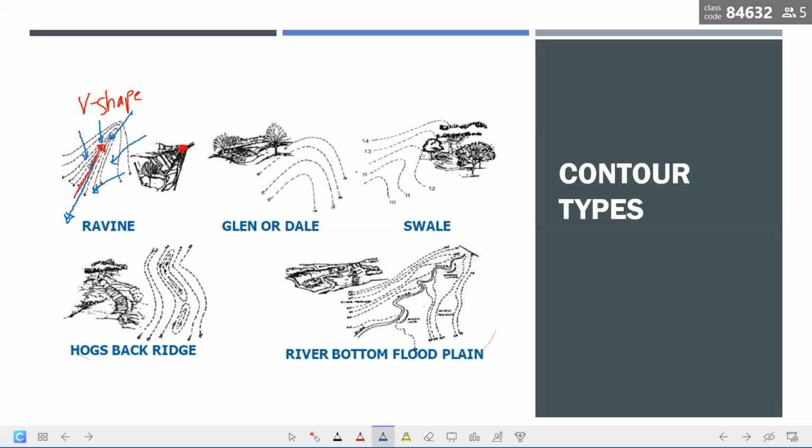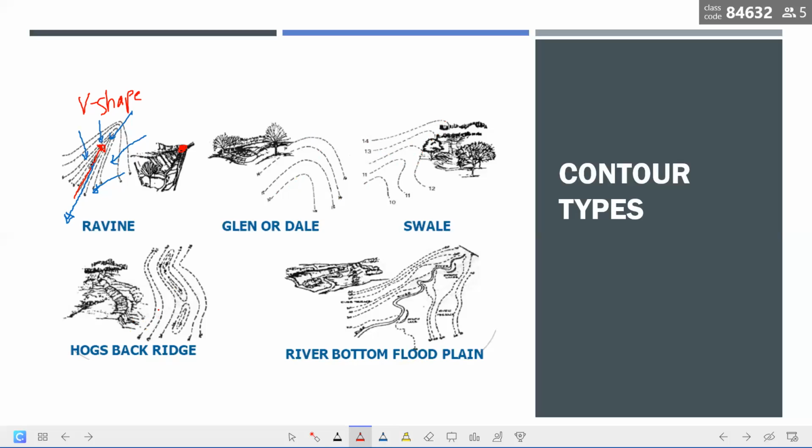Although perhaps there is no significant difference between a glen, dale, or a swale, the different contour forms also present you with different opportunities and different ways to interact or develop the site.